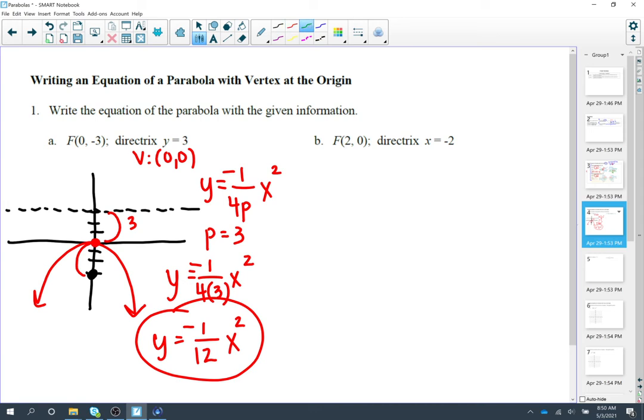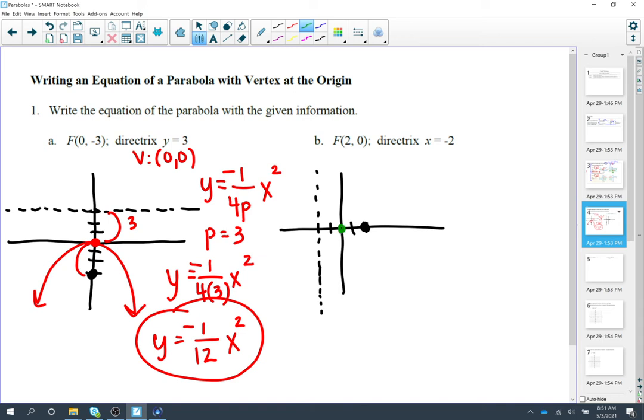Letter B. You have a focus of (2, 0). You have a directrix at x equals -2. Again, draw a picture. If your focus is at (2, 0), you're over here. A directrix of x equals -2 is now a vertical line at -2. If we think about where our vertex should be, it is right in the middle of the focus and the directrix.